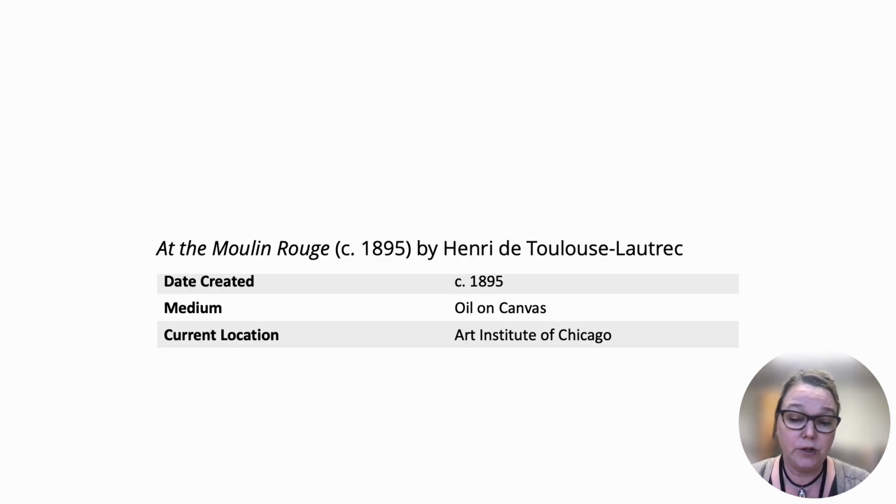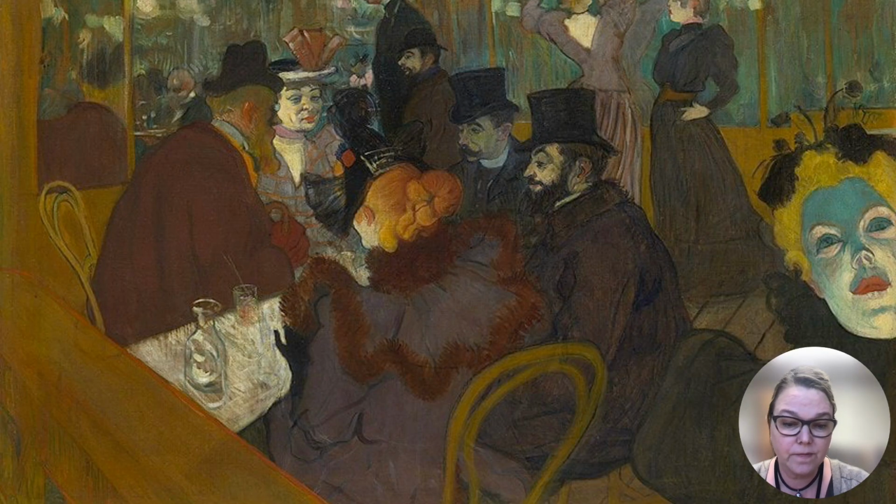At the Moulin Rouge by Toulouse-Lautrec. Henri de Toulouse-Lautrec has been connected with the Moulin Rouge from its inception in 1889, when the famed nightclub's proprietor purchased the artist's equestrian for the entrance.